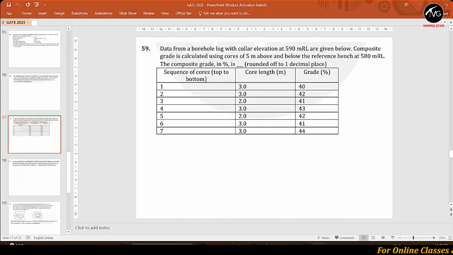So the composite grade would be, first of all, see this is a 1 meter. 1 meter into 42% plus 2 into 41% plus this is 3 into, plus, plus, so this is upon the total length, that is 10 meter.